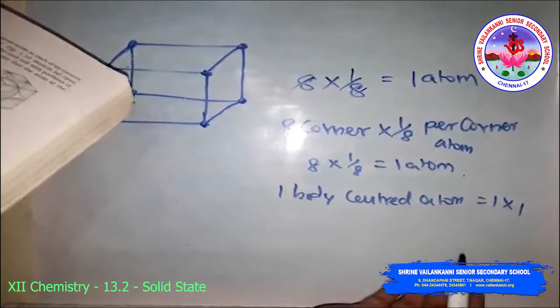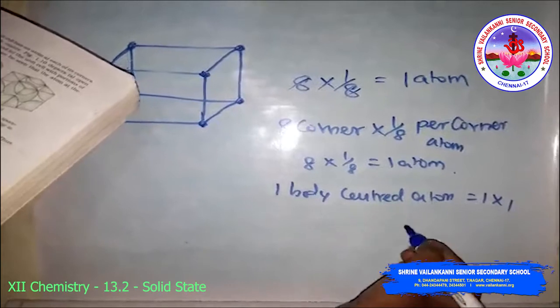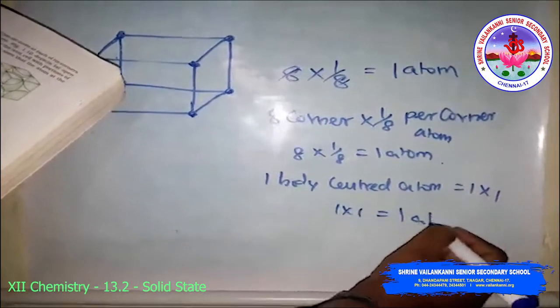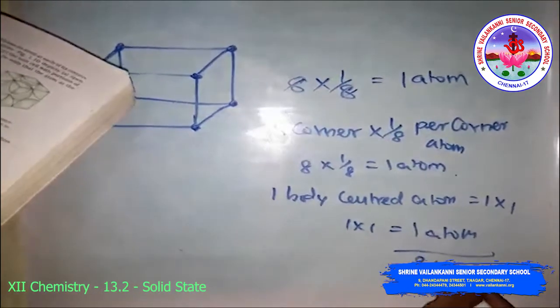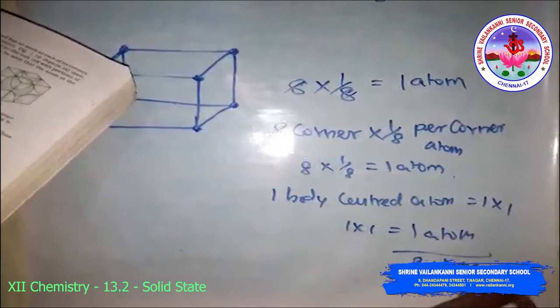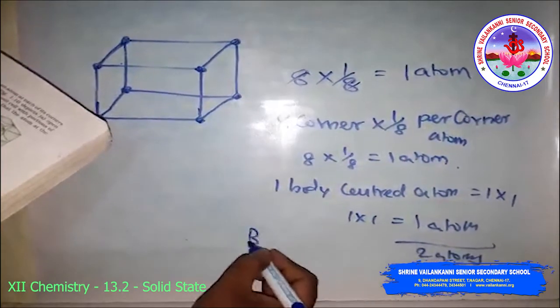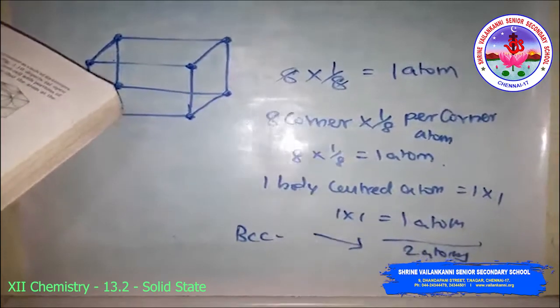So the total number of atoms is what? You can write it here, 1 into 1, 1 atom. So the total number of atoms is 1 plus 1, 2 atoms. This is for the body centered cubic unit cell. The BCC unit cell has 2 atoms.